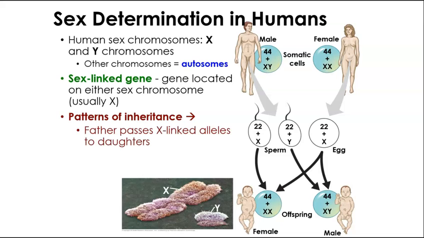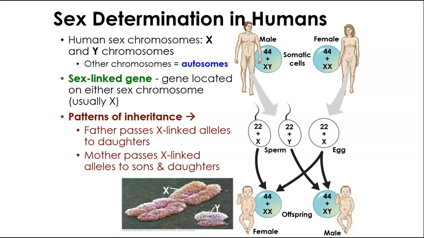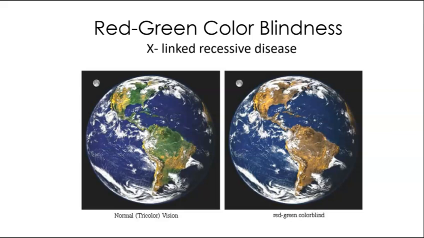And we have different patterns of inheritance. The father usually passes X-linked alleles to daughters, and the mother passes X-linked alleles to both sons and daughters. And we have different conditions that express these sex-linked patterns of inheritance. So, for example, we have red-green color blindness.